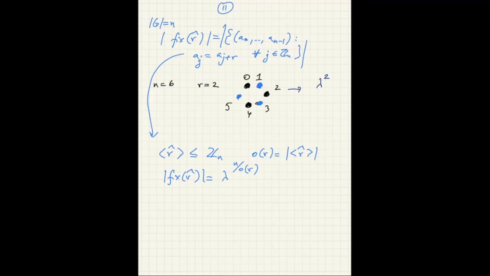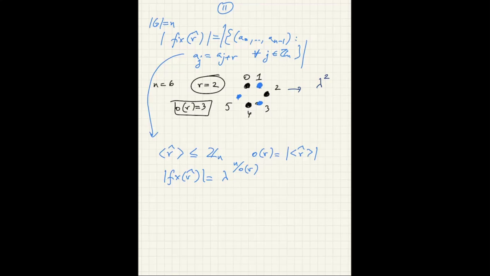So in this case here, r was 2, the order of r is 3, and so we have this partition into cosets of this subgroup, and each coset has cardinality 3. And so we get lambda squared such choices. So in general, we're going to get lambda to the n over the order of r.